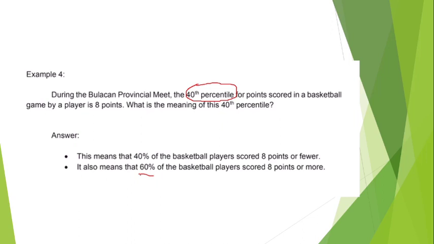It also means that 60% of the basketball players scored 8 points or more. Here it says the points scored by basketball players is 8 points.